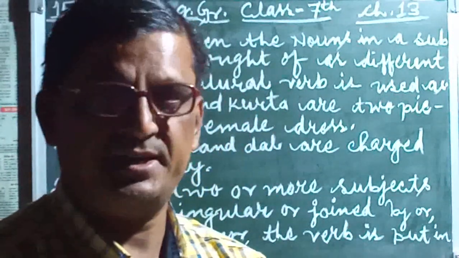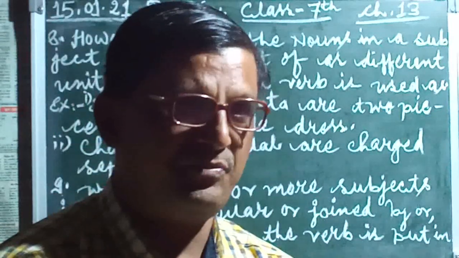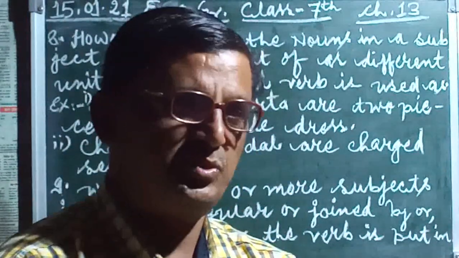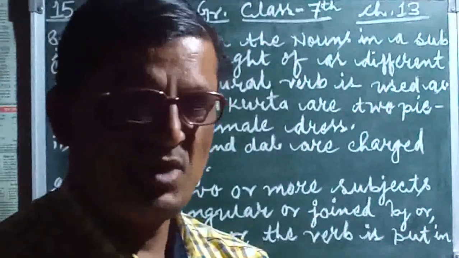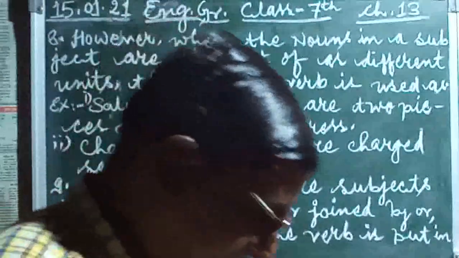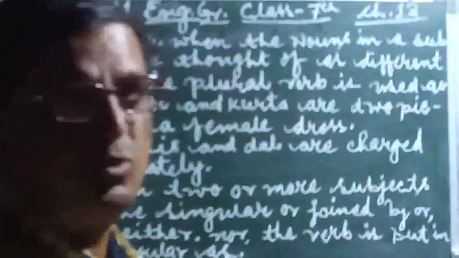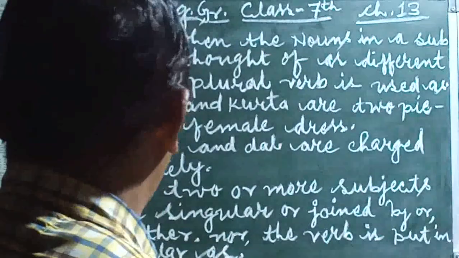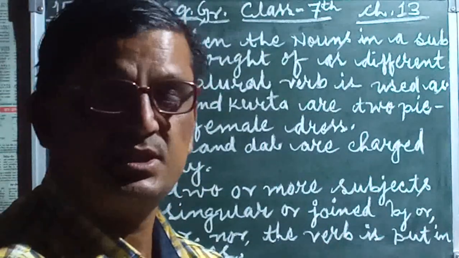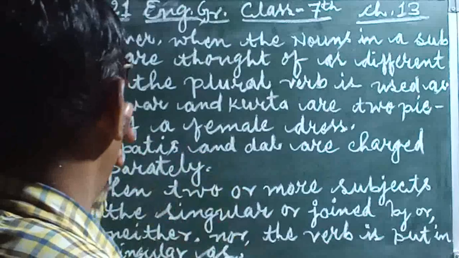I would like to try to complete this. So you have to listen properly and try to understand what is in rule number 8. What is given there, we have to go.